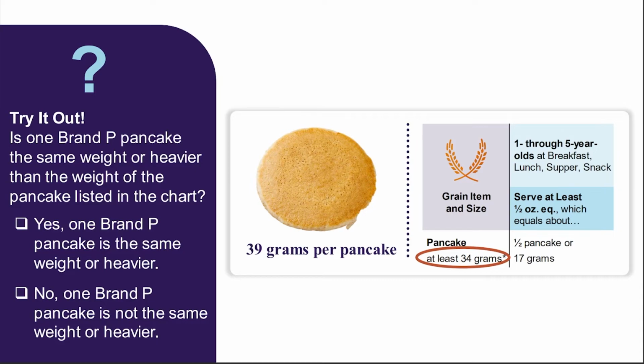Is one bran pea pancake the same weight or heavier than the weight of the pancake listed in the grains measuring chart? Raise your hand if you think yes, one bran pea pancake is the same weight or heavier than the weight of the pancake listed in the grains measuring chart. Raise your hand if you think no, one bran pea pancake is not the same weight or heavier than the pancake listed in the grains measuring chart.